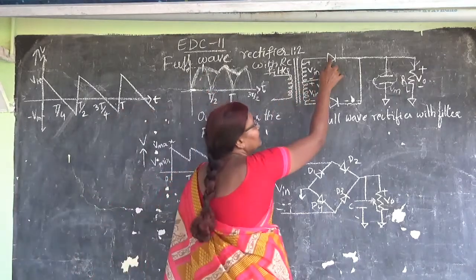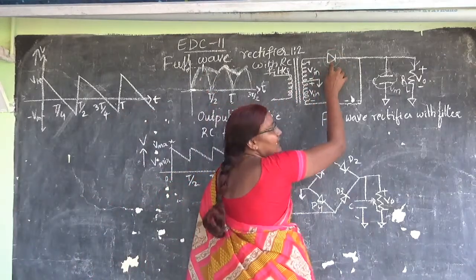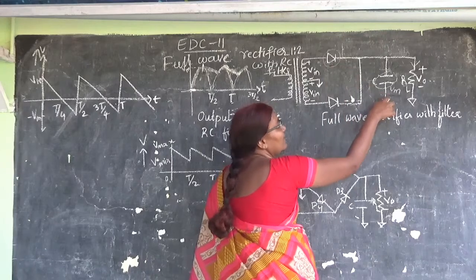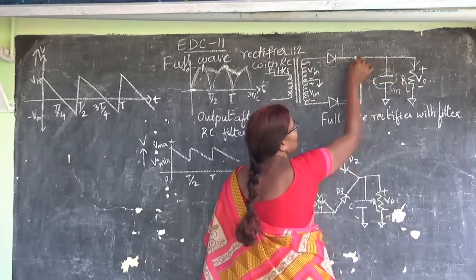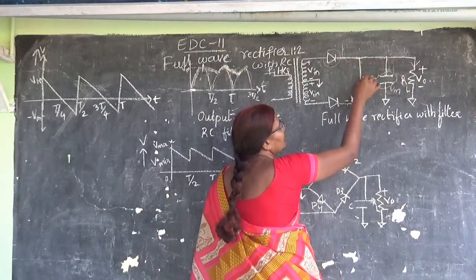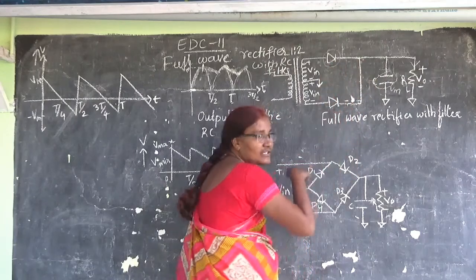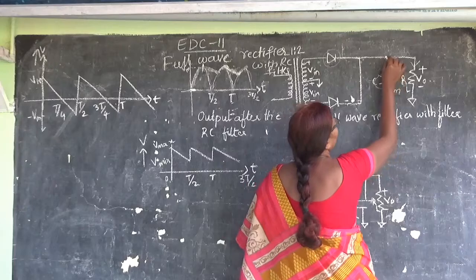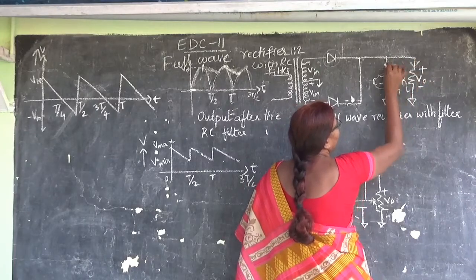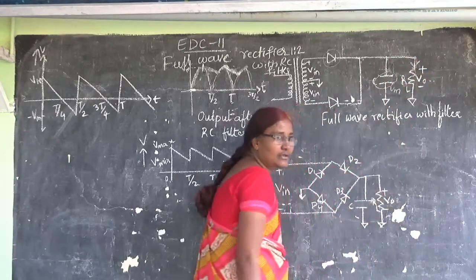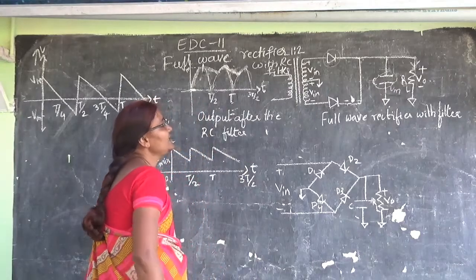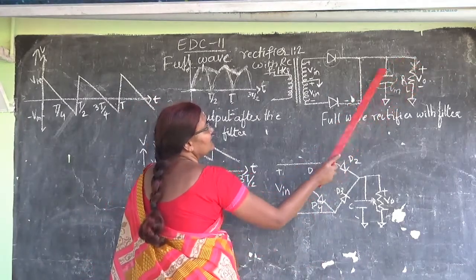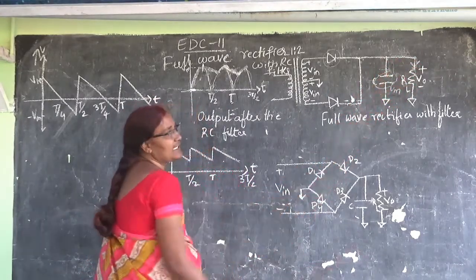So this diode will have voltage less than Vm, so current tries to go in this way, but both diodes will be reverse biased for that current. So the only way is the current has to flow in this direction, and capacitor discharge will take place.